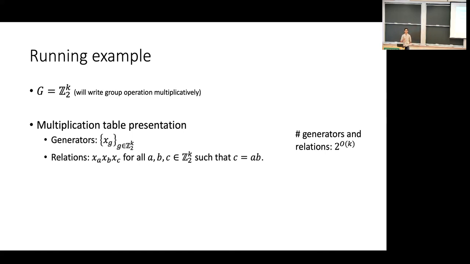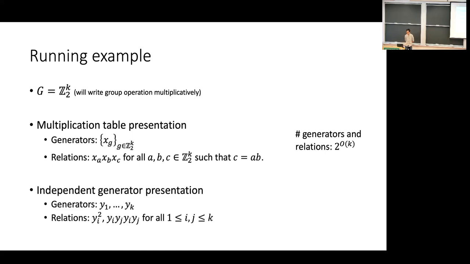What if you wanted a more succinct presentation of this group? Here's something that I'll call the independent generator presentation. So now the generators are y1 up to yk. And on each of them you'll just impose minimal relations. First, you'll impose an involution relation: yi squared must be equal to the identity element.